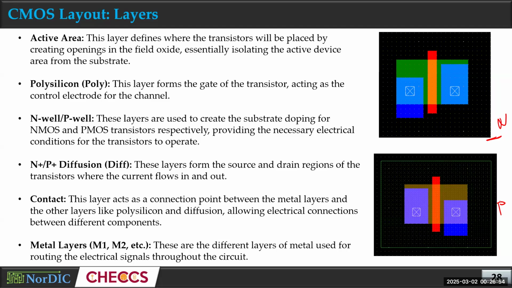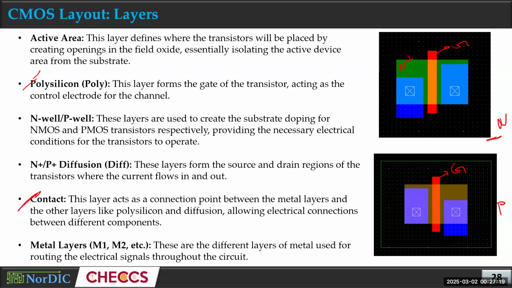So you see, this is the NMOS, and here, this is the gate. The red one is the gate. This is polysilicon, as I mentioned, for the gate we'll have the polysilicon. Okay, so this green one is the N plus. This cross is actually a contact.